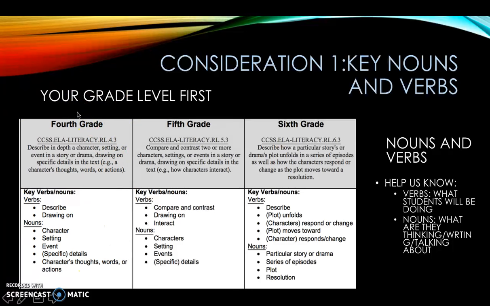In 4th grade, it says describe in depth a character, setting, event, and story or drama, drawing on specific details. So some key verbs in 4th grade are describe and drawing on. Already you can see some similarities and differences there. With 4th grade, it looks like most of the nouns are actually the same.